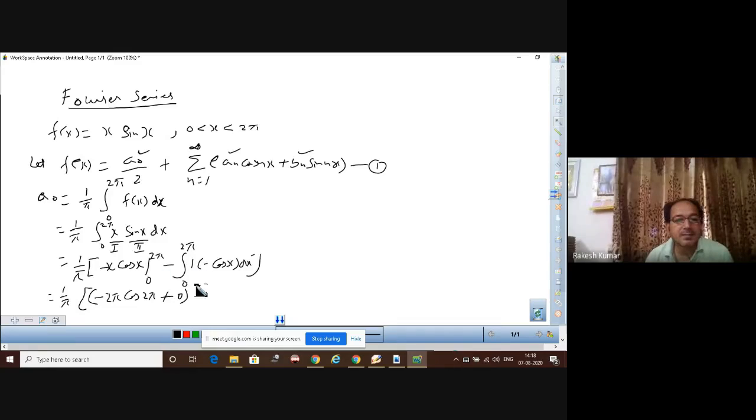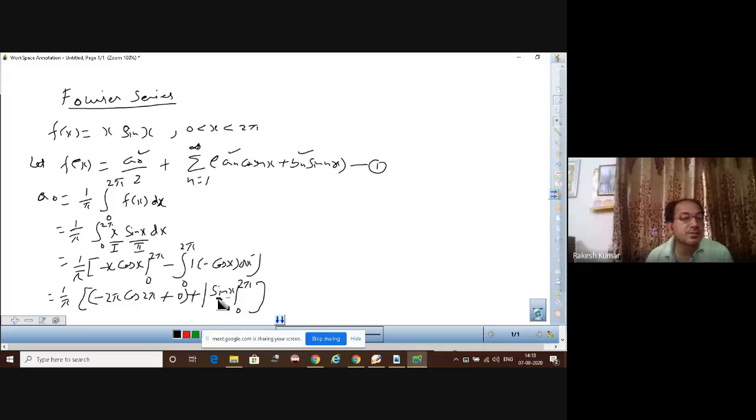So minus and minus is plus, integration of cos x is sin x, and the limits are 0 to 2 pi. Now, if you substitute the upper limit here, sin 2 pi comes out to be 0, because sin of all multiples of pi is 0, and for the lower limit 0, this is also 0.